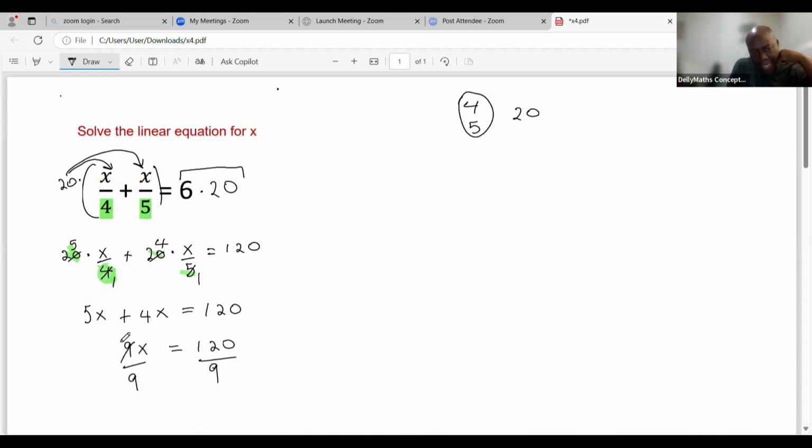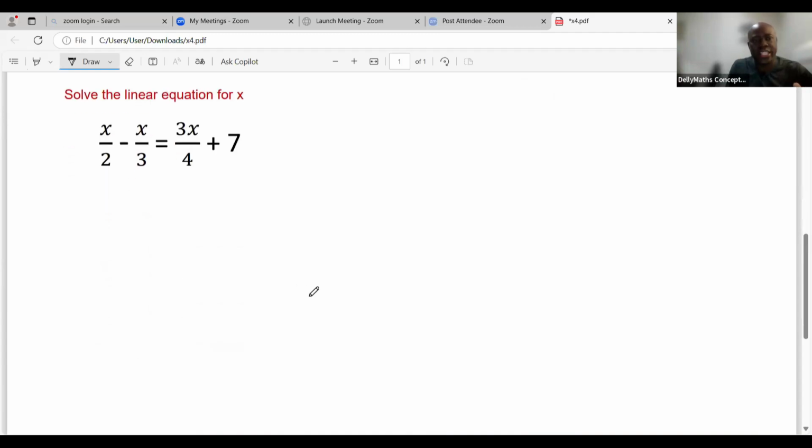On my left side, 9 into itself is 1 time, so 1 times x leaves me with x. Then if I divide through by 3, 3 into 9 is 3, and 3 into 120 is 40. So I'm left with 40 over 3, or we could represent this as 13 and 1/3.